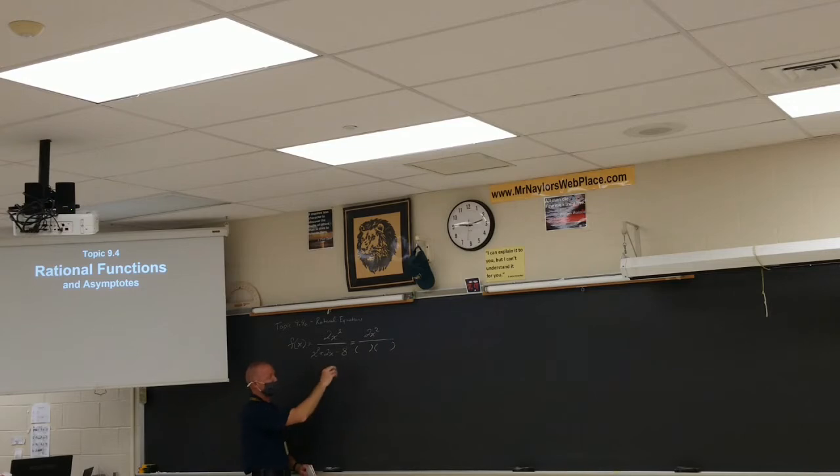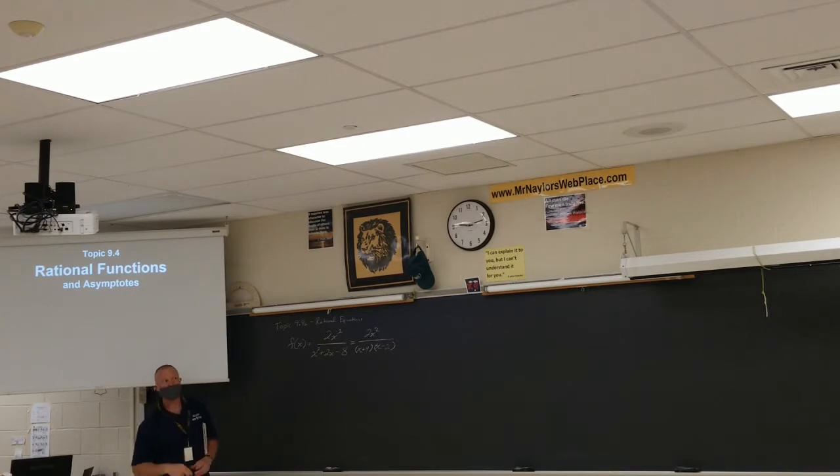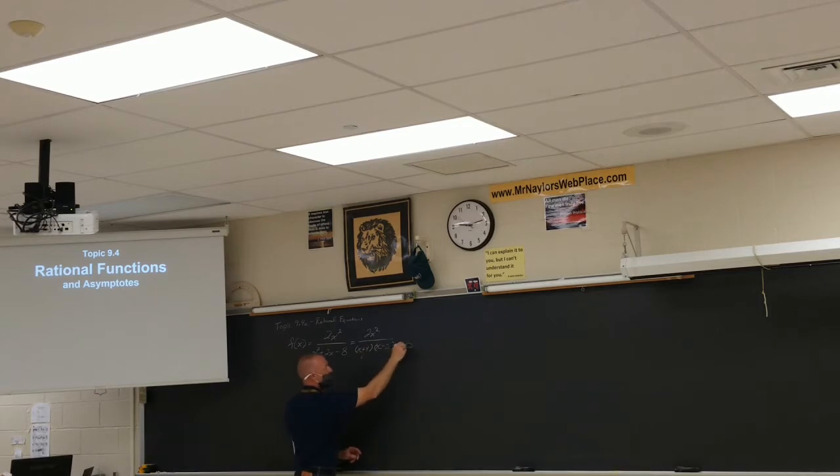It's a basic factoring. You should be arriving at (x + 4)(x - 2). Now, we all know that that's the same as the original denominator, but it's so much easier to see when it equals 0.